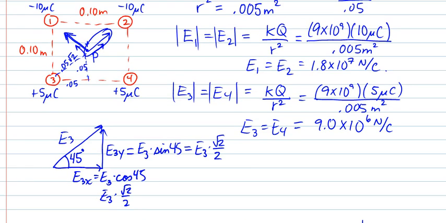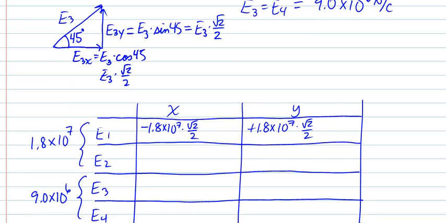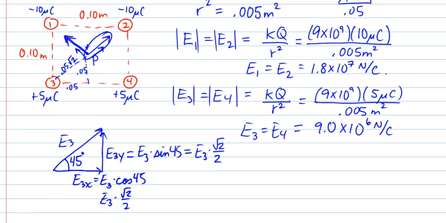Okay, E2 is going up and to the right, and E2 is going to be plus 1.8 times 10 to the 7th root 2 over 2, and its y will also be 1.8 times 10 to the 7th root 2 over 2. By the way, I just realized that I actually had circled E2 and called it E3, but it's the same thing, going the same direction.